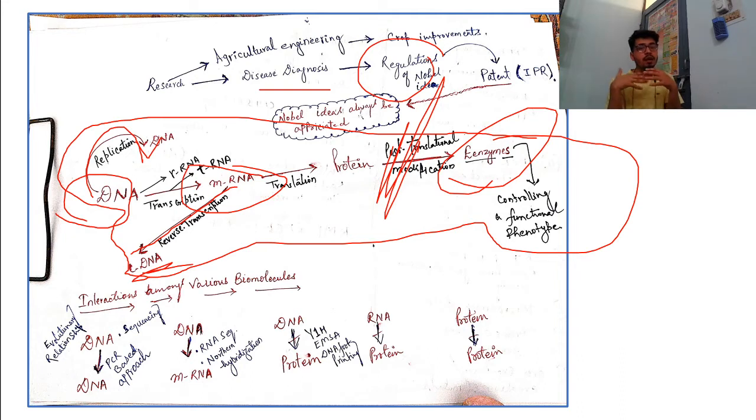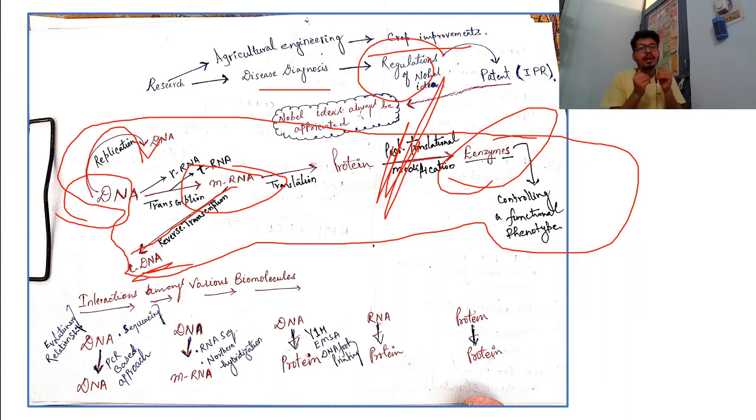If you are working in the agriculture field, as an agriculture engineer, what is your aim? You have to improve your crop and crop pattern. If you are improving crop yield, then this is really very important for you, guys.